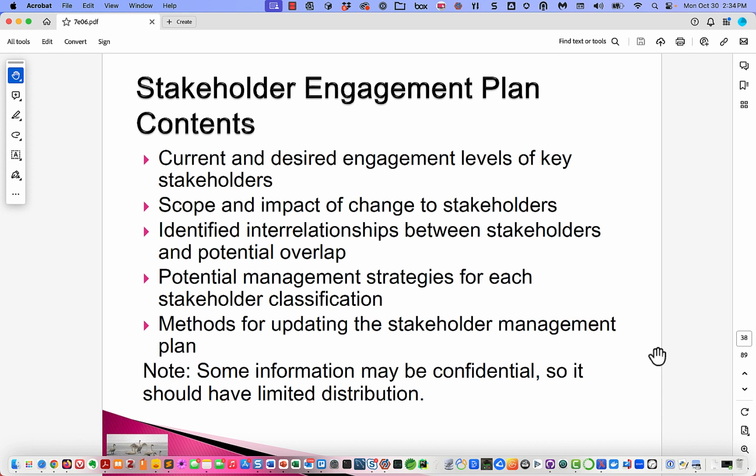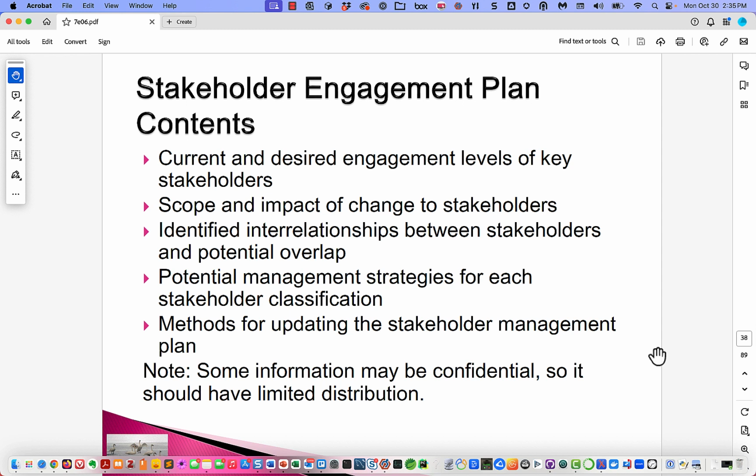Okay, how much impact this is going to have on this particular person or group, and identified interrelationships between stakeholders and potential overlap, potential management strategies for each stakeholder classification, methods for updating the stakeholder management plan.